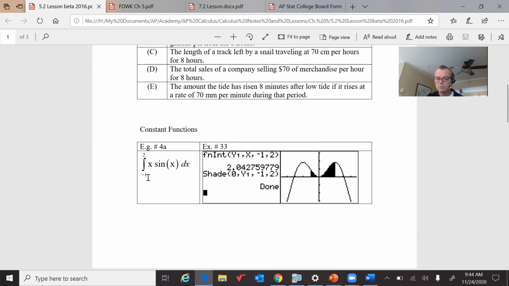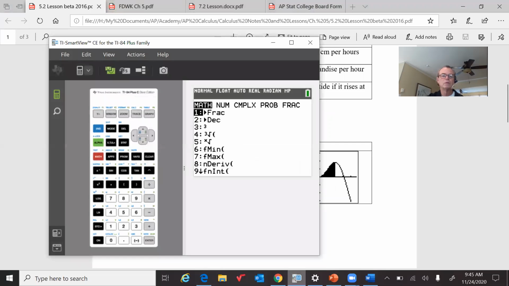So the limits will go from -1 to 2. We want the area under x sine x. So when you type Math 9, this is the old school way of doing this, where you have to remember what the prompts are. If you have a newer calculator, I go here on the calculator, I type 9, and you're getting the prompts: lower limit, upper limit, the function, and the variable.